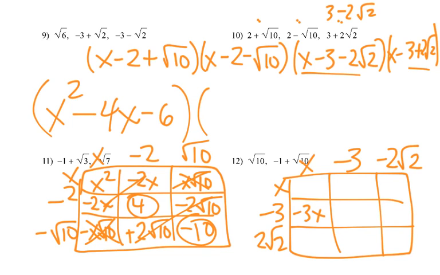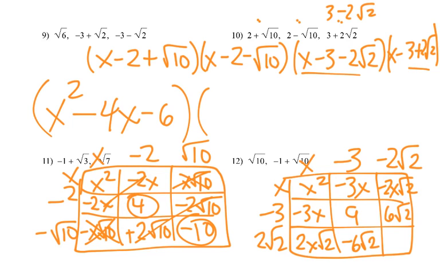So negative 3x, positive 9, positive 6 square roots of 2, 2x square roots of 2, negative 2x square roots of 2, negative 3x, x squared, negative 6 roots of 2, and then negative 2 times positive 2 is negative 4.